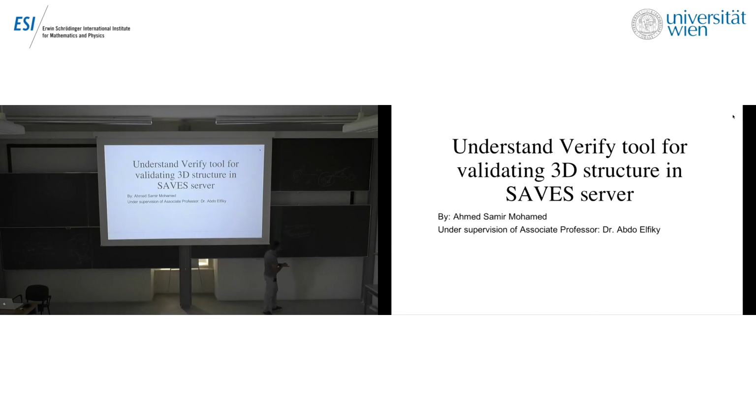The last one was the ab initio method, and we used the I-TASSER server to predict the structure. This method depends on placing every atom in many different positions, something like quantum computing.